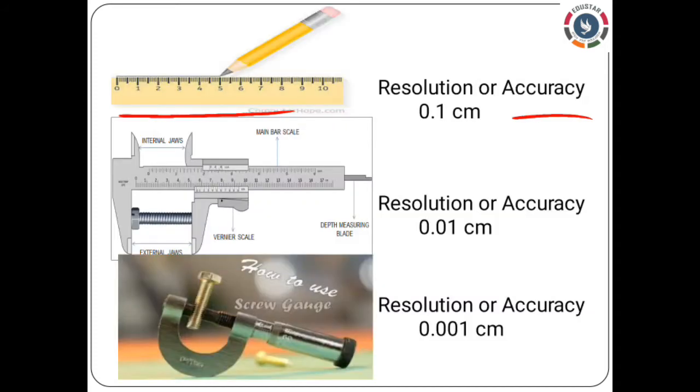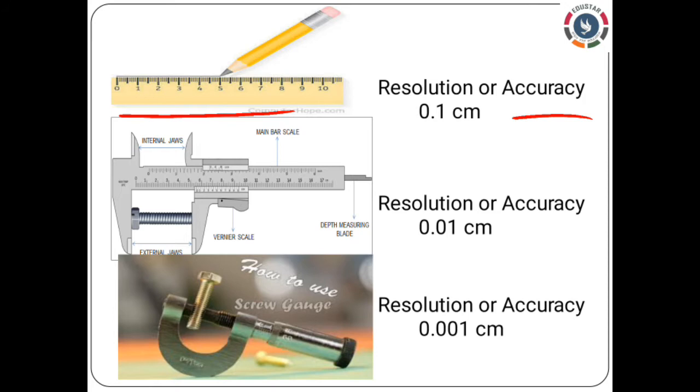Before going to that, we should know the meaning of resolution or accuracy of the instruments. We use various instruments for measuring physical quantities. Suppose you measure the length of any material, you use the meter scale, made of wood or plastic, as we used in school days.